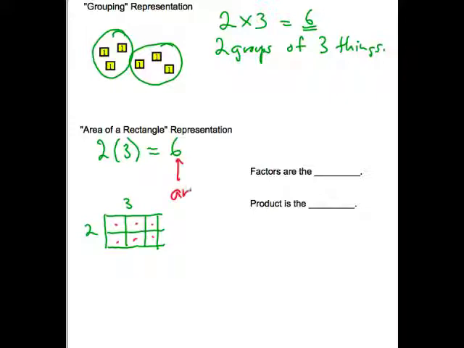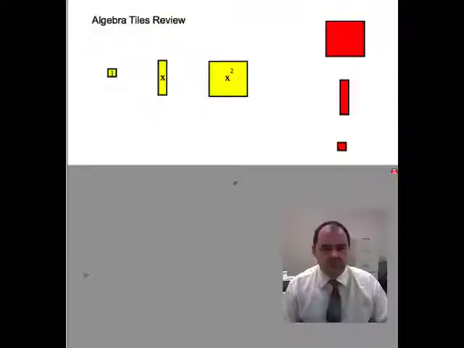So the product can be thought of as the area of the rectangle, and the factors can be thought of as the dimensions. And that's always true. Now we can extend this idea to algebra.